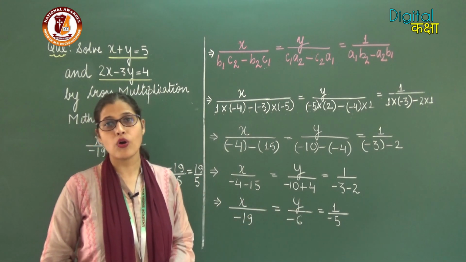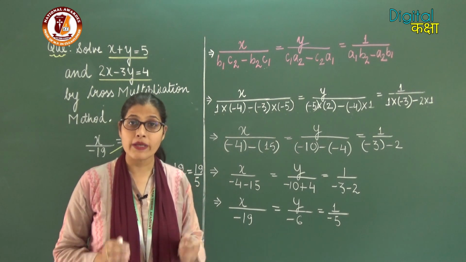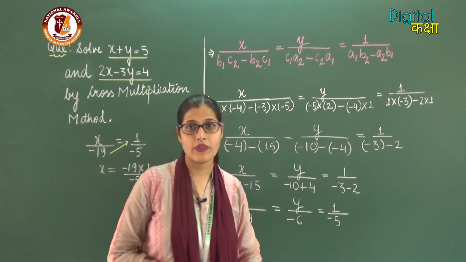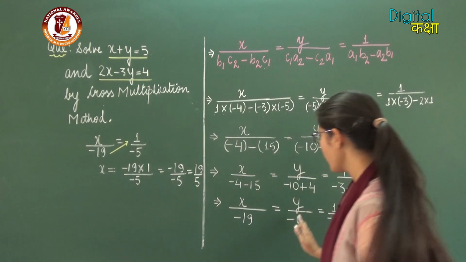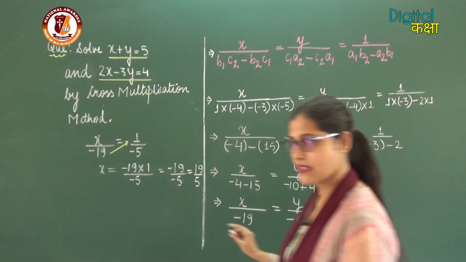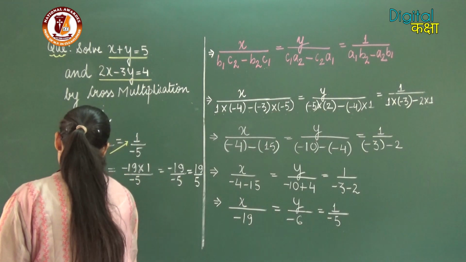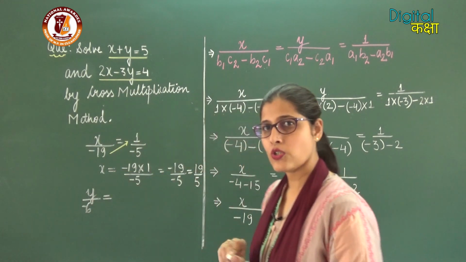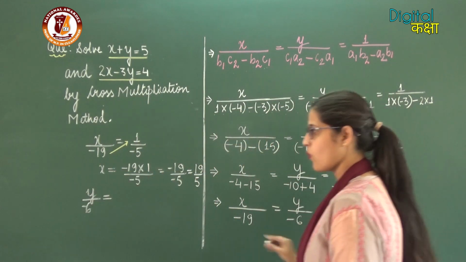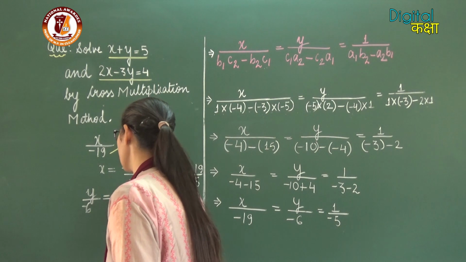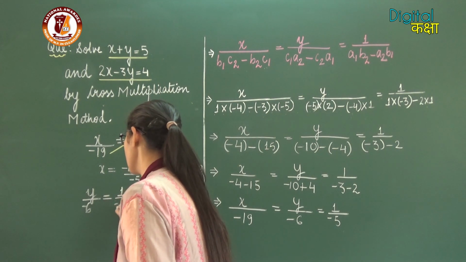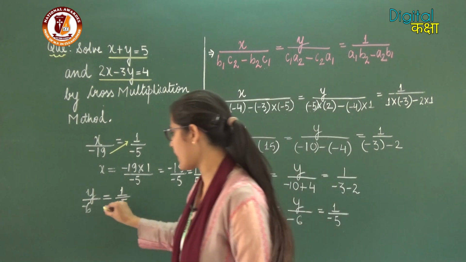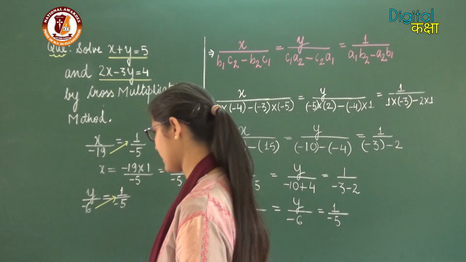To get the value of variable y, we will be comparing the second ratio and the third ratio. That means that y upon minus 6, I will be equating it to the constant, which is 1 upon minus 5. Again we will go for cross multiplying this 6 to 1.